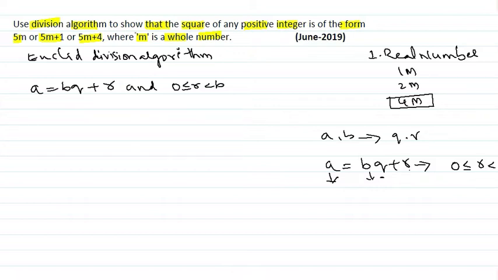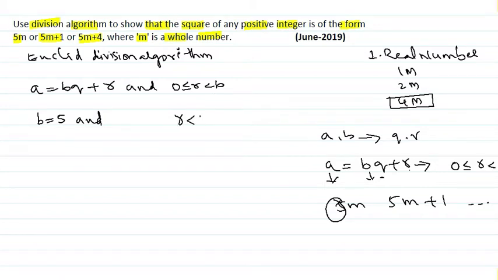From the given question, we have 5m or 5m plus 1. So here for the b value we need to pick the next number, that is 5. So b is equal to 5, and from that we need to get the condition for r. r must be less than b.